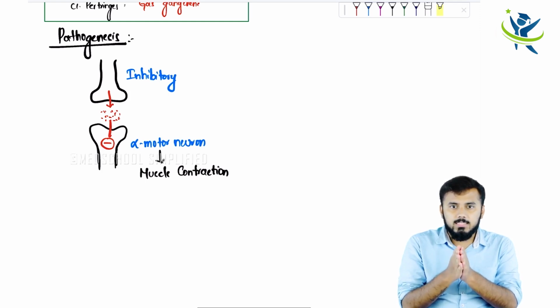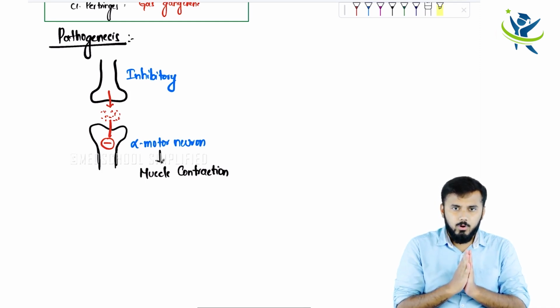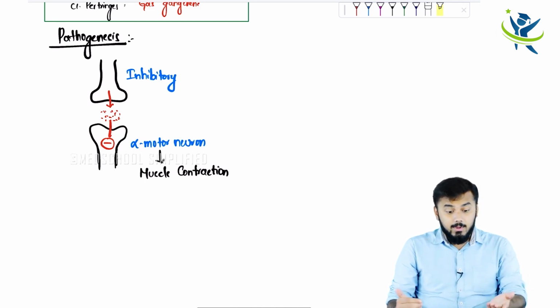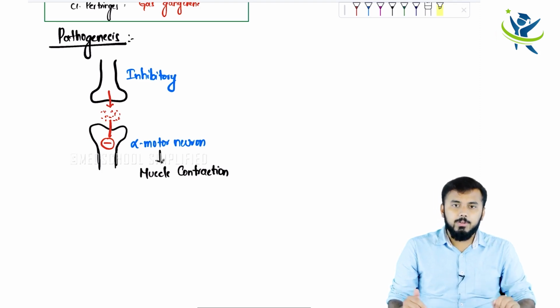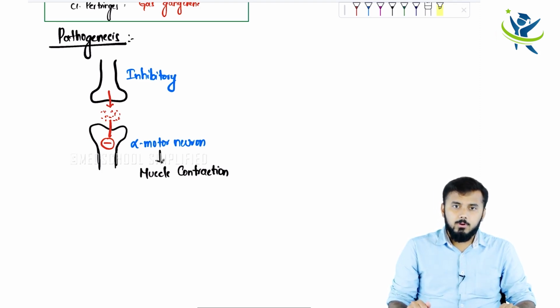If I want to contract, then I will stop the inhibitory neuron from releasing that neurotransmitter. If I want to relax, then I will allow that inhibitory neuron to release that inhibitory neurotransmitter, so that my alpha motor neuron is not working.